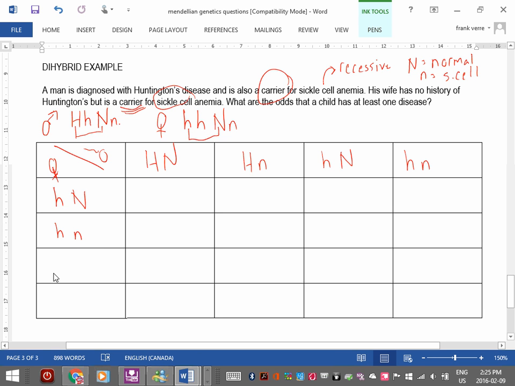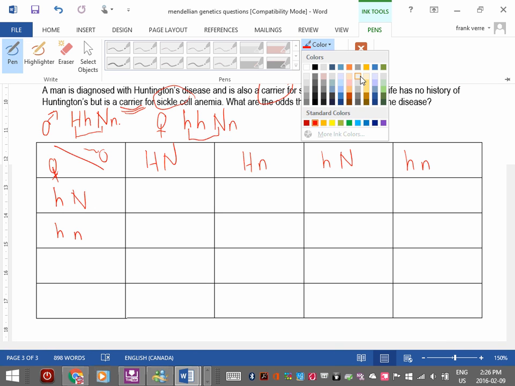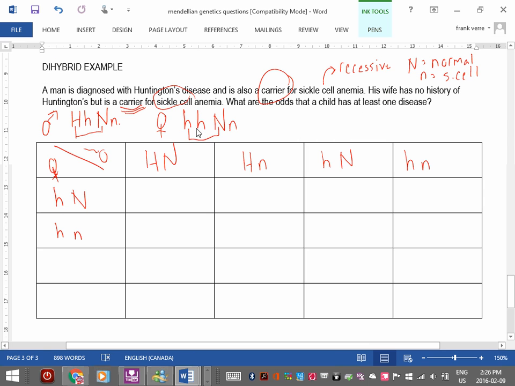I could fill in row 3 and 4 because, if I think about it, I have two possibilities here. This little h with this big N, and that's over here, or this little h with this little n, and that one's over here.